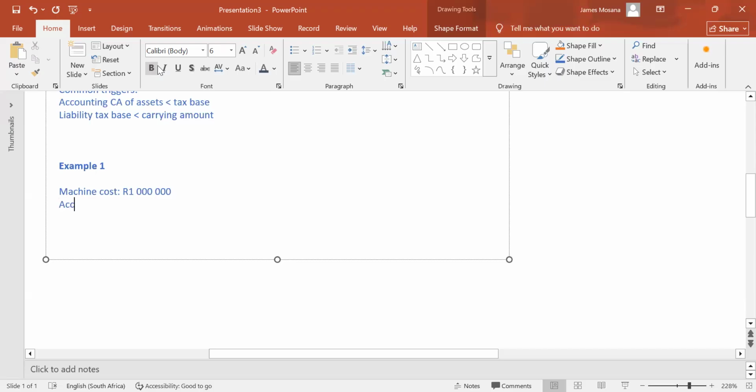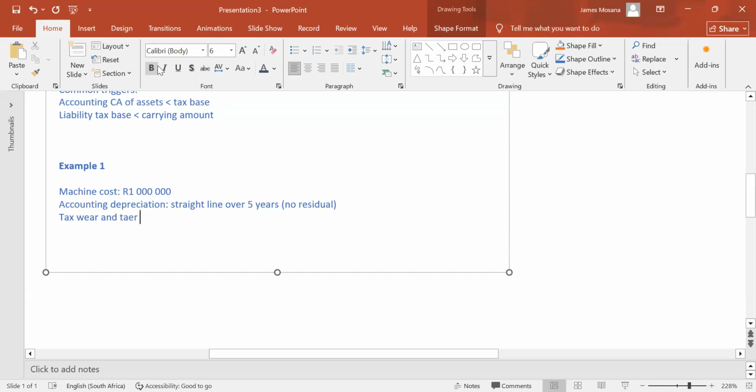Number 2, the accounting depreciation on a straight line is over 5 years, so there is no residual in this particular scenario. We have tax wear and tear at 40% per annum on the reducing balance.